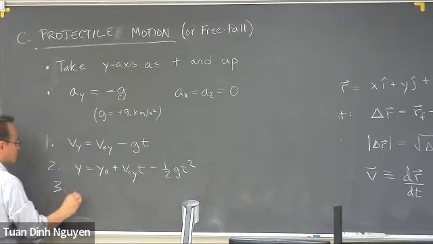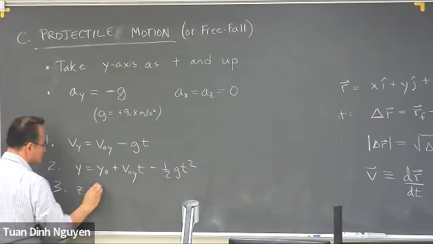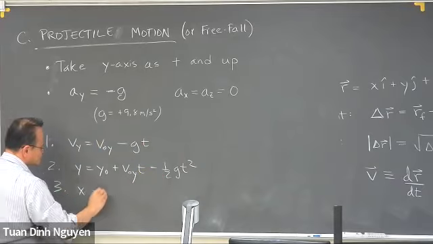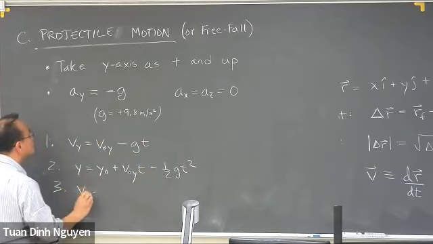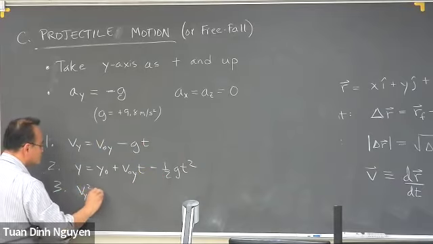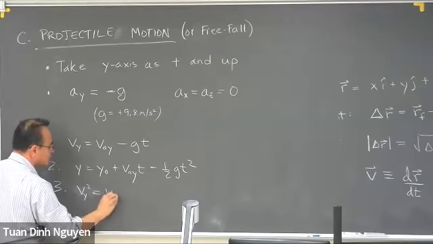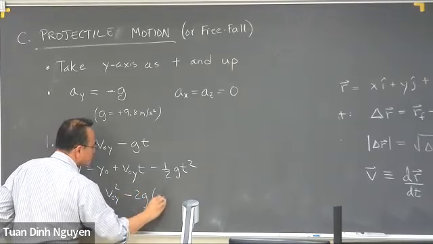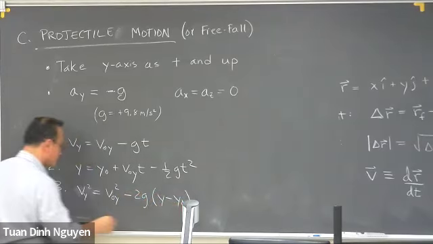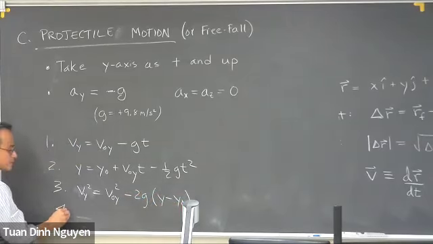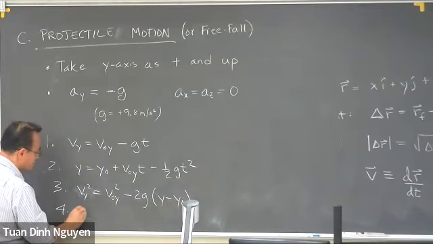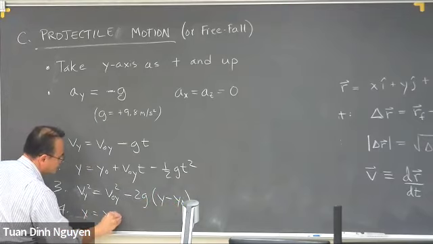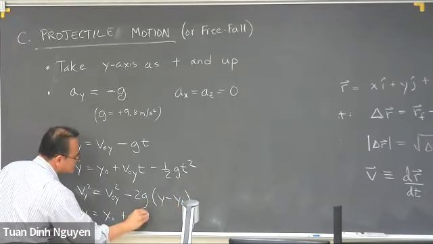And then the third is v y squared equals v0y squared minus 2g(y minus y0). And then fourth, I hope you can still see this, is x equals x0 plus v0x t.